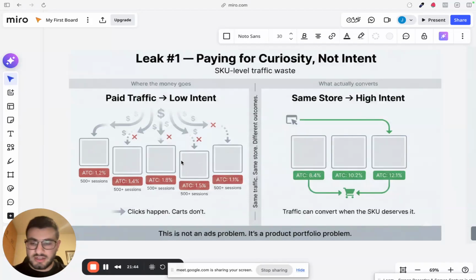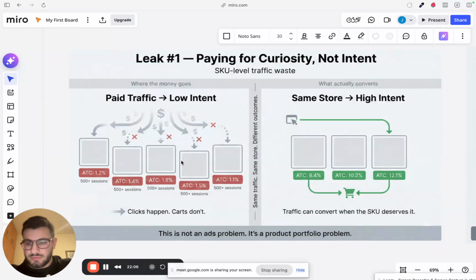If you take a look at your analytics, I left some reports there. You can see that you have a lot of SKUs with very way below standard add to cart rates. So these should be killed. I split your SKUs into three buckets. Bucket A, the kill.